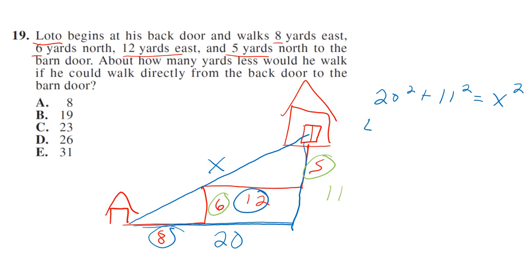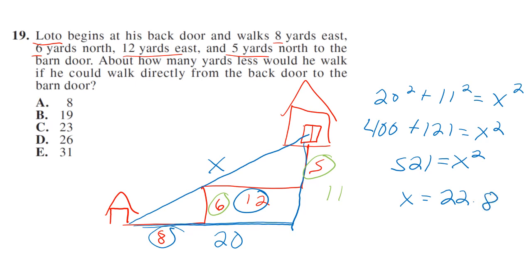So 400 plus 121 equals x squared. 521 equals x squared, so x equals about 22.8, and it says about, so you're not going to get it exactly. Your answer is C.